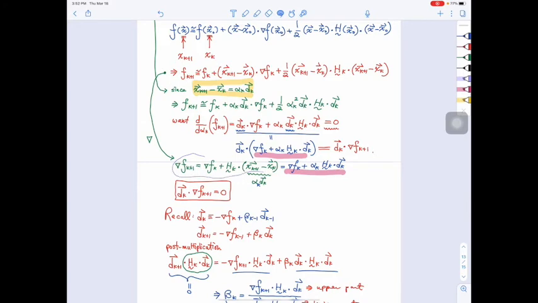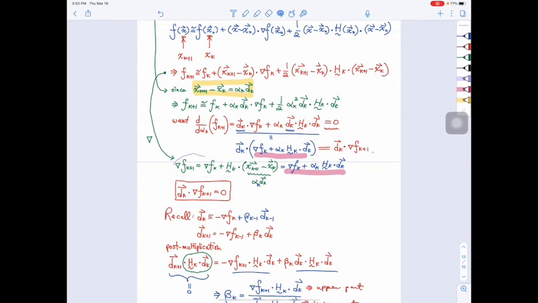Why do we need to do something with the second term? Because second term equals 0. We have to do it. But we need to prove why the second term equals 0.